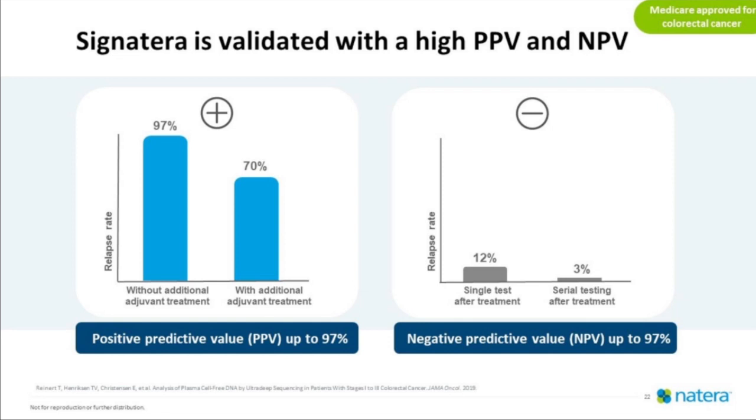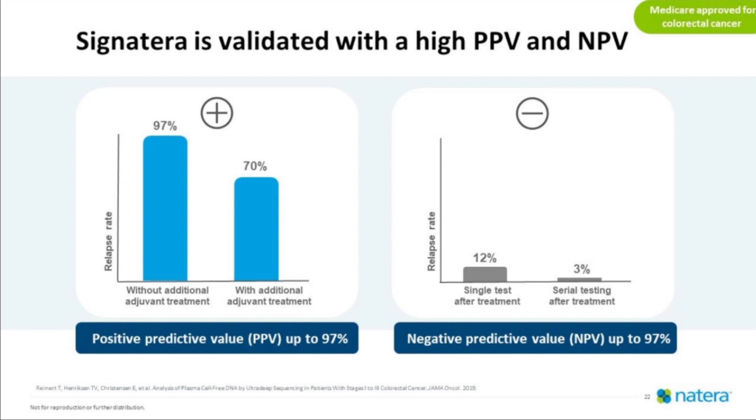So it's a great decision maker when you're deciding to utilize adjuvant chemotherapy with a positive test at that first value. And as you can see here, the negative predictive value after a single test is a 12% chance of relapse after a negative single test.